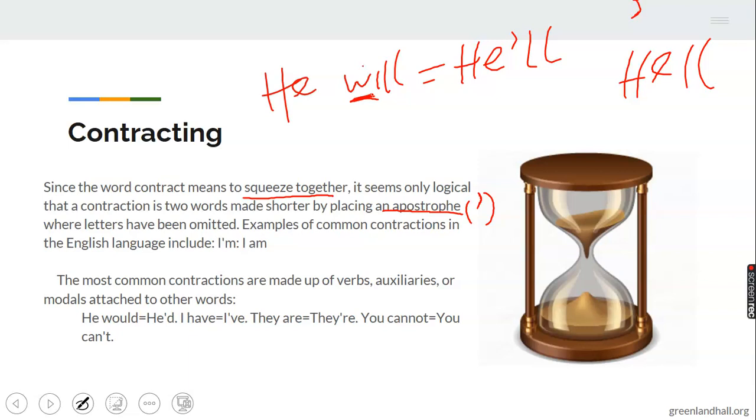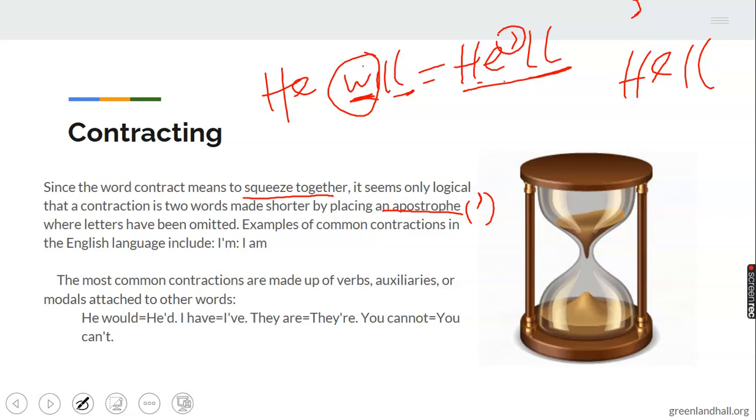Which letters have been taken away? HE is still here. LL is still here. So which one is not there? WI. Those are the omitted letters that we have there. So instead of the WI, we now have the apostrophe. Is that taken? It is the apostrophe that has replaced WI.